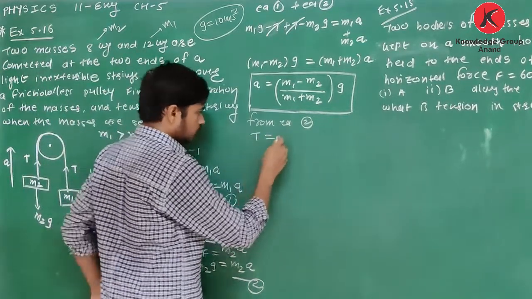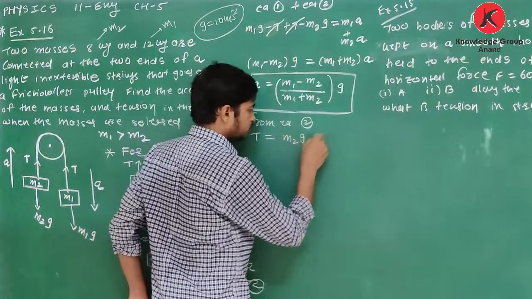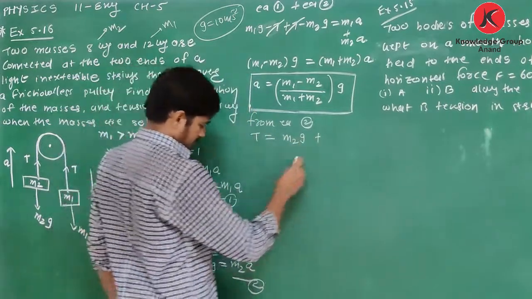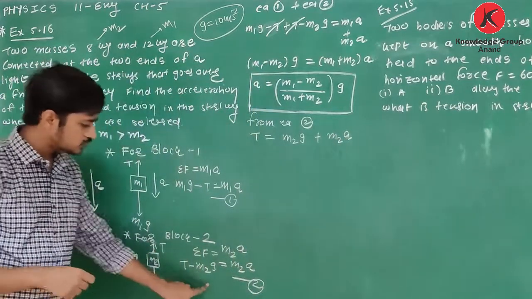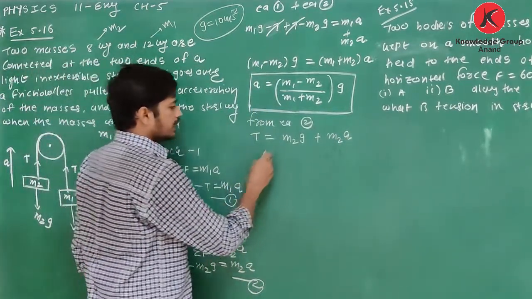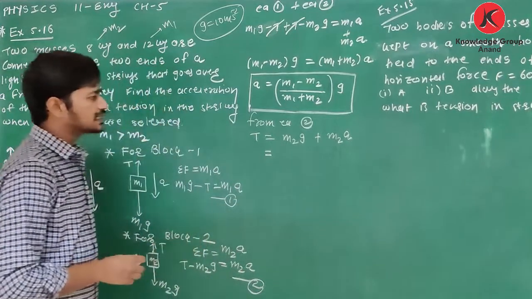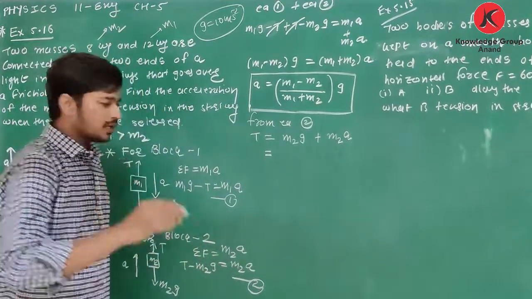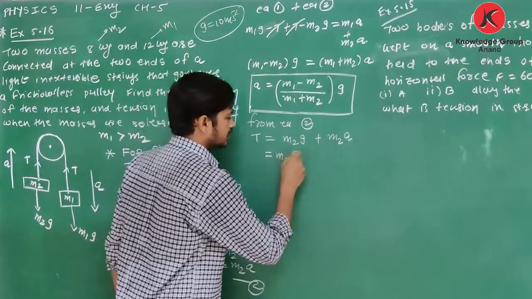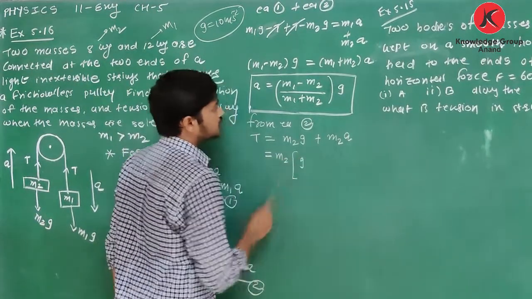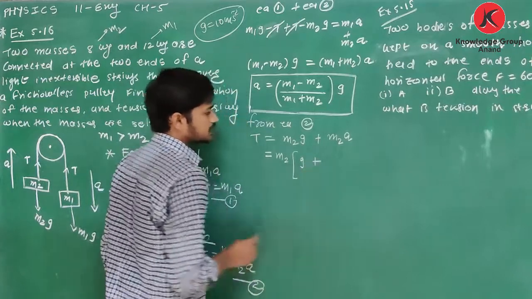Then T is equal to M2G plus M2A. Here M2 is common, so in brackets it is G plus A.